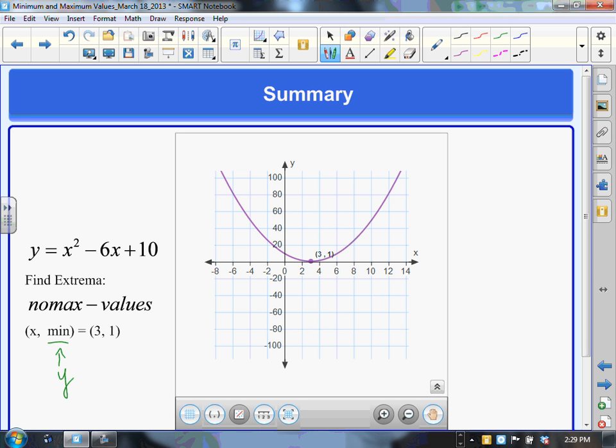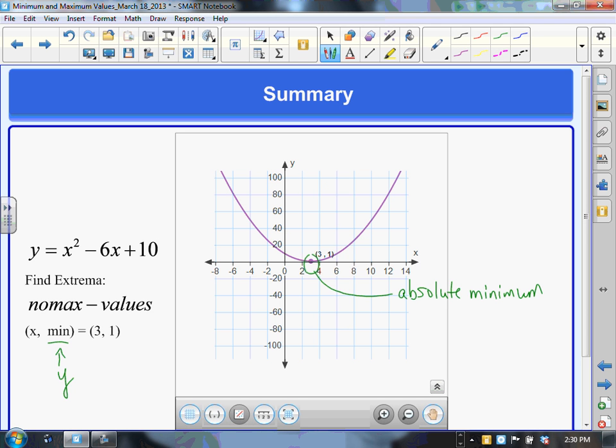According to the graph, we have an absolute minimum at (3, 1). So again, (3, 1) represents an absolute minimum, and its minimum value is 1.